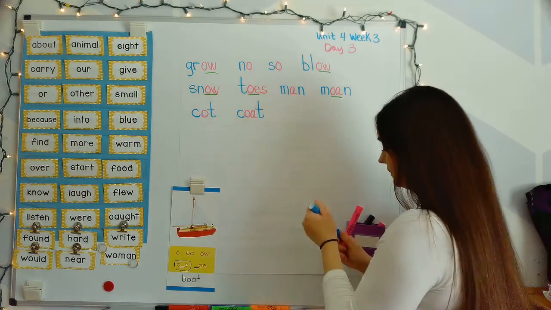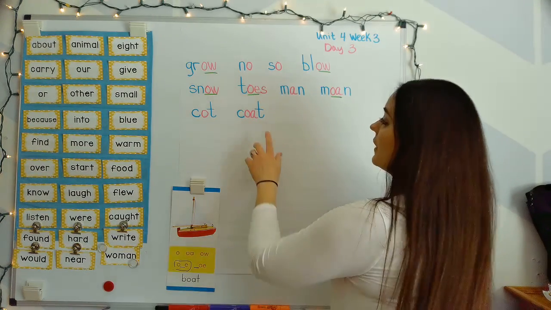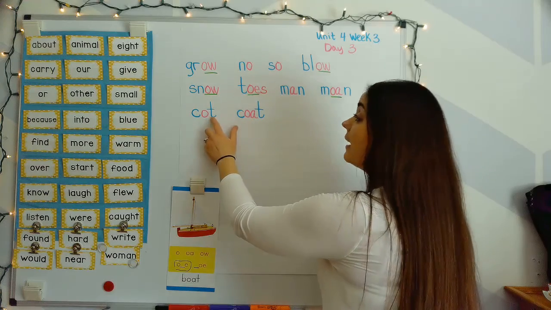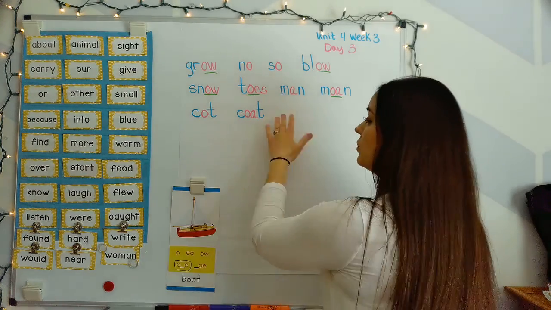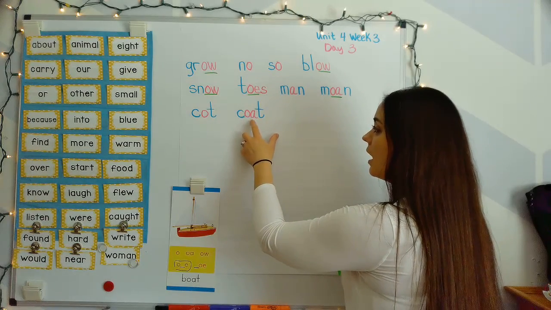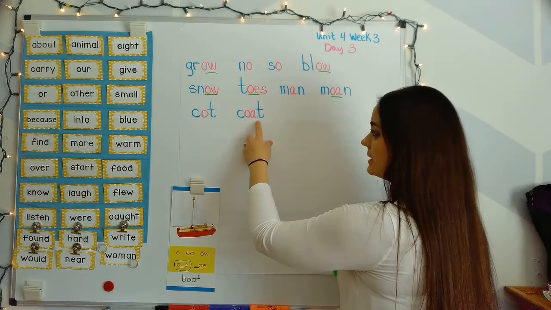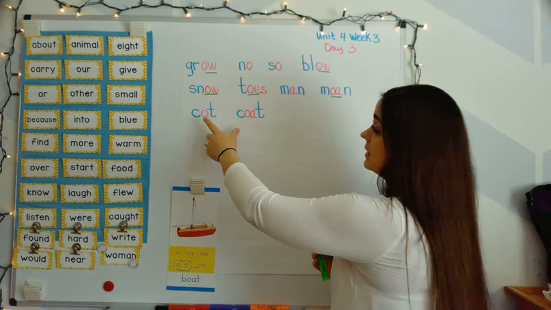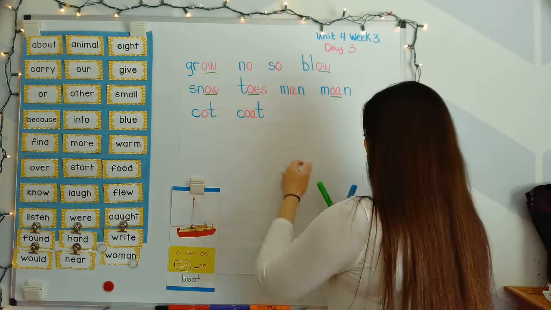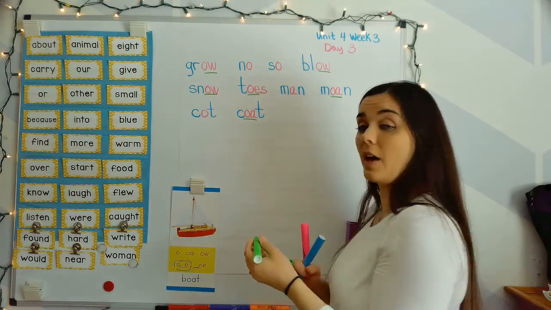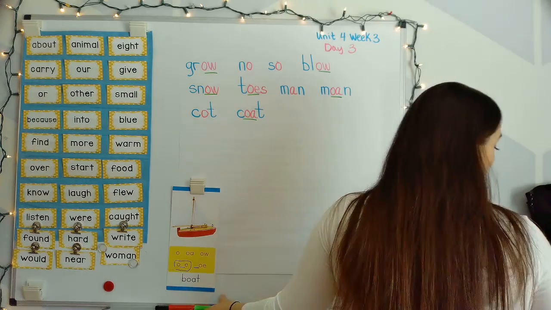Ka-o-t. Coat. So once the A comes along, then they're going to work together to say that long O sound, because it won't be ka-ah-t, like in the word caught. It's a short O. So ka-oat, coat. The O-A, vowel team working together.